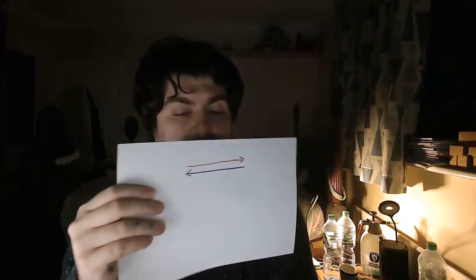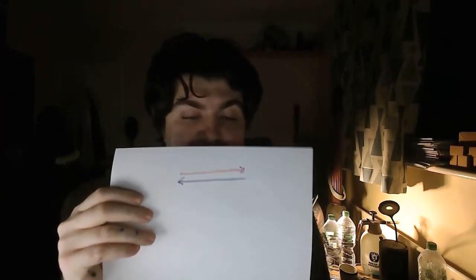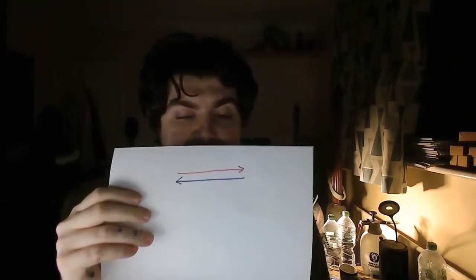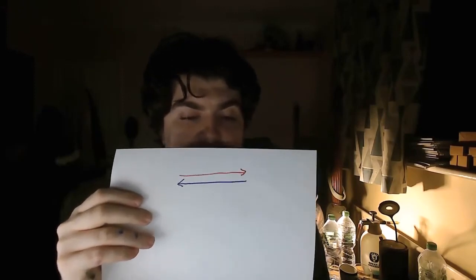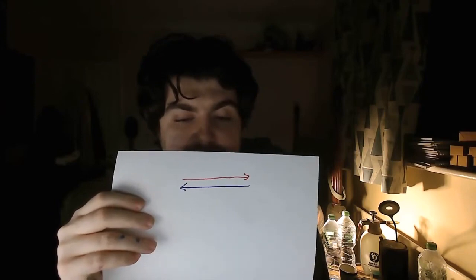I'll just draw a very simple version of it. It's basically, if you travel in one direction, the distance is longer than if you travel in the other direction. Or if you travel in one direction, the distance is faster than if you travel in the other direction.